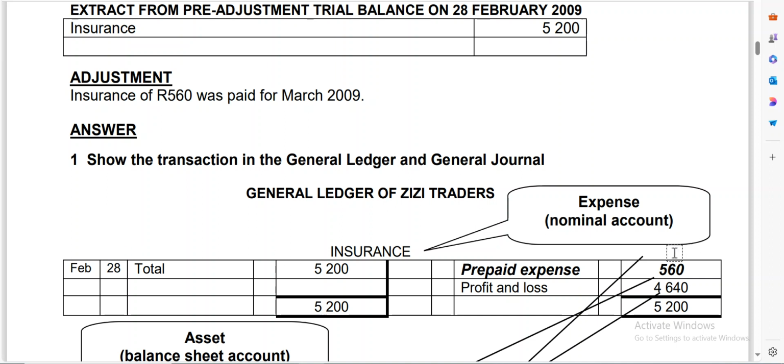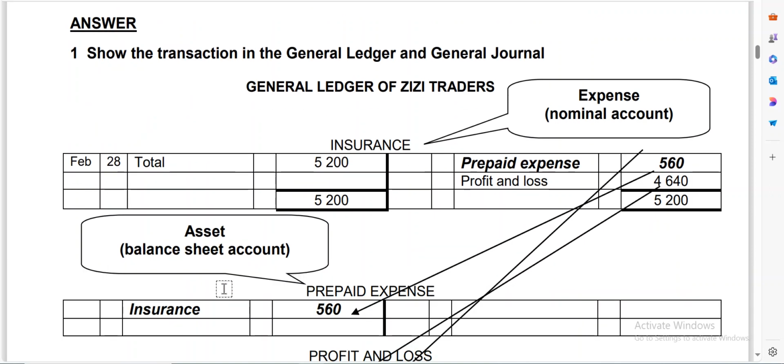So whenever an item is paid in advance, the account in question, in this case insurance, is credited because it must be reduced. The account that becomes debited is prepaid expense, because it is an asset to the business and it belongs to the balance sheet section, as they have said here.